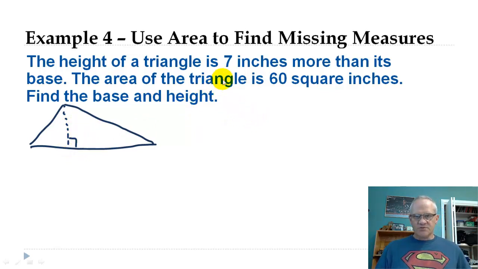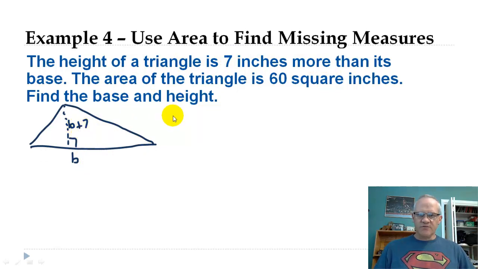The height is 7 inches more than the base. If we call the base B, then the height will be B plus 7, right? Does that make sense? If B is the base, and the height is 7 inches more than its base, the height would be B plus 7.